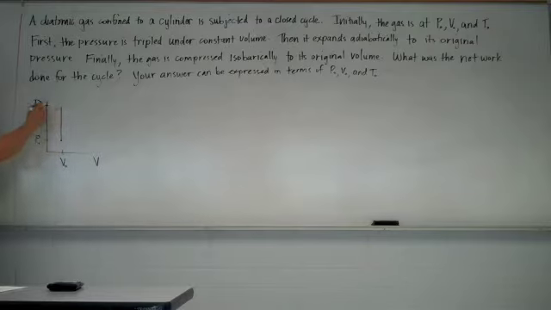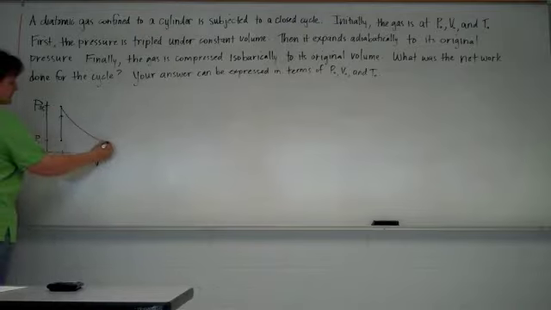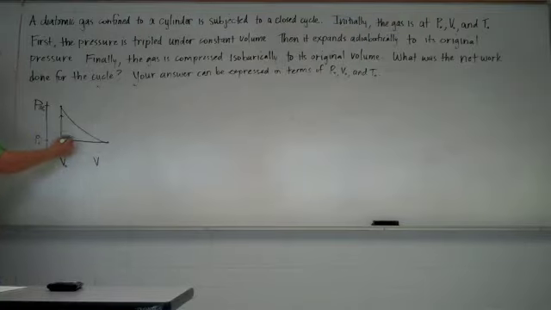The pressure triples. So we go up to the point where the pressure is tripled, but the volume is the same. Then we expand adiabatically until we get back to the same pressure. And then we go back to this original volume.